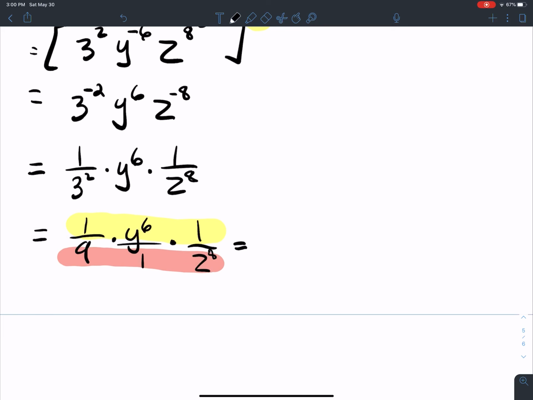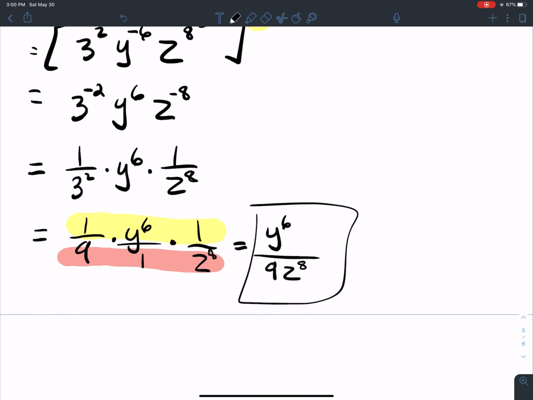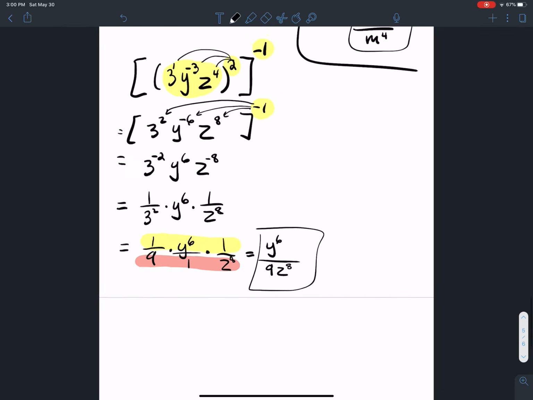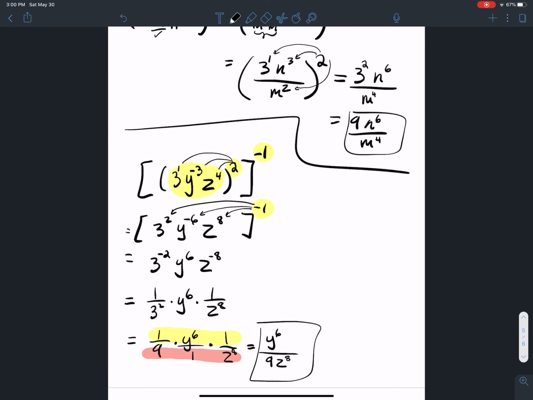So 1 times y to the 6, that's y to the 6. And I have 9 times 1 times z to the 8th, that's 9 times z to the 8th, right there. And that, my friends, is the final answer. All right, hope we're good to go and you're able to work through those exponent simplifications.